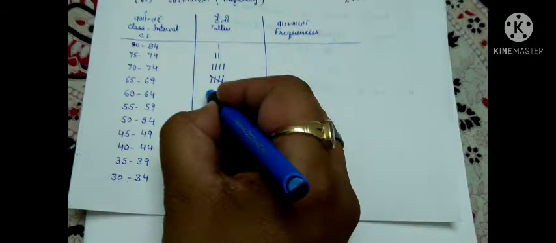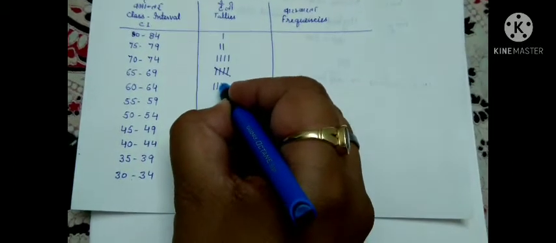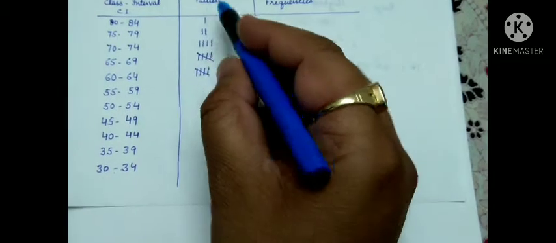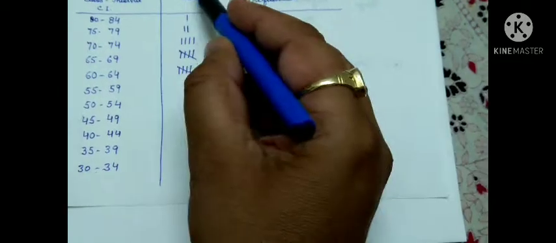So putting the tallies in the way 1, 2, 3, 4, 5 and then 6. So this is the way we may put the tally marks.